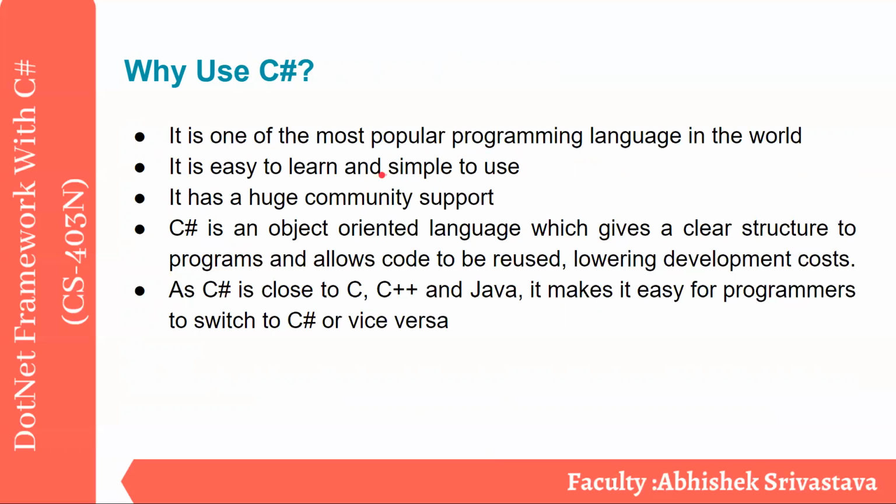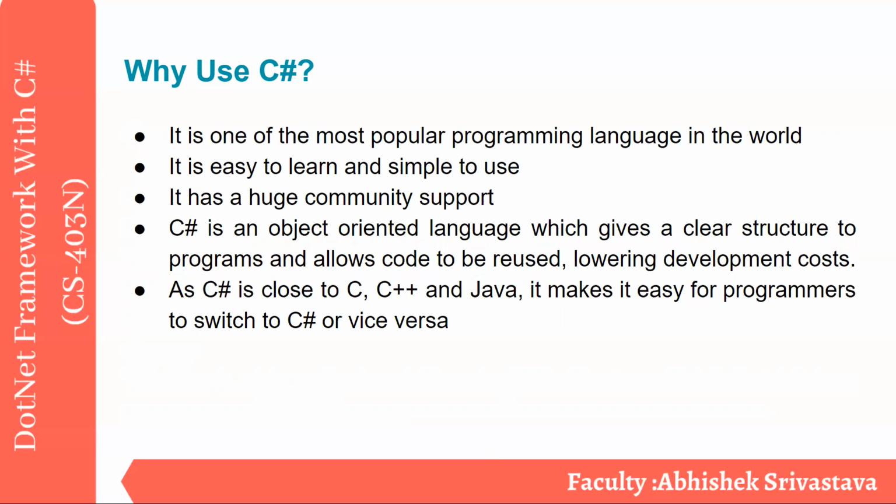It is easy to learn and simple to use. It has huge community support, since Microsoft is the vendor. C Sharp is an object-oriented language which gives a clear structure to programs and allows code to be reused. If you learn the concept of object-oriented programming, reusability is an important concept.